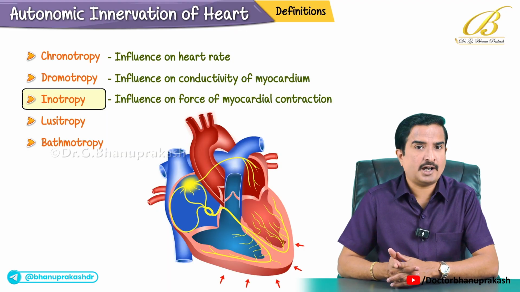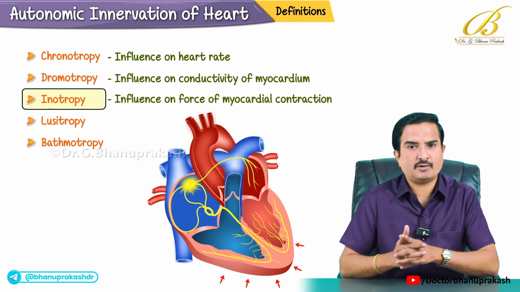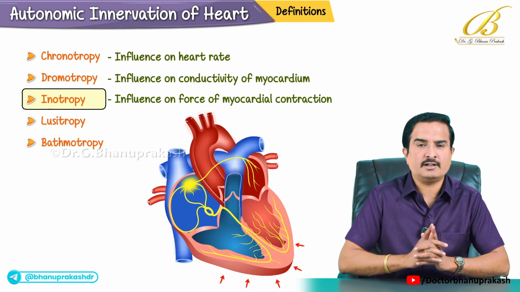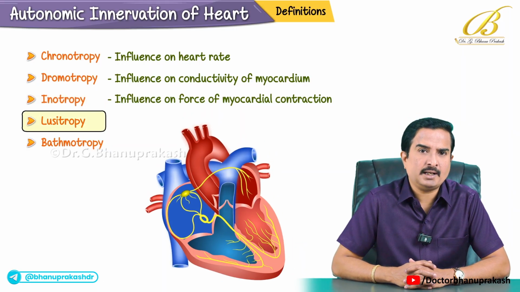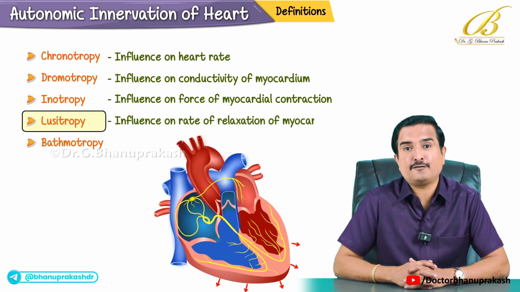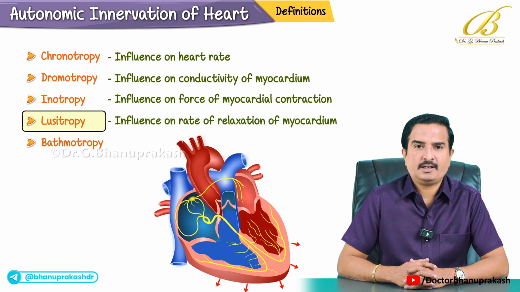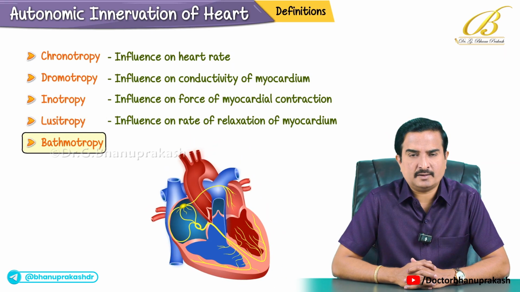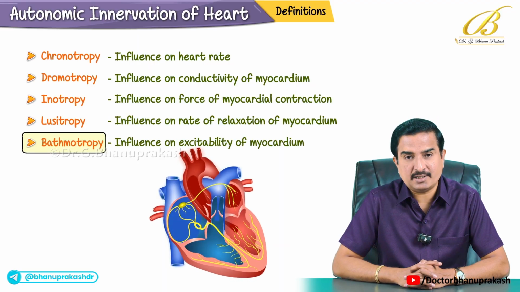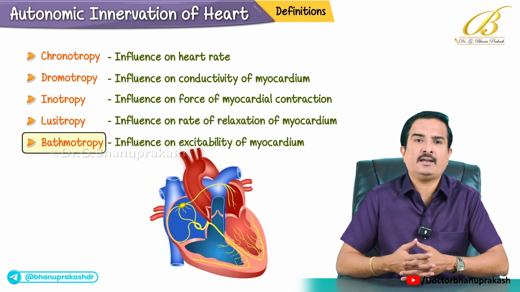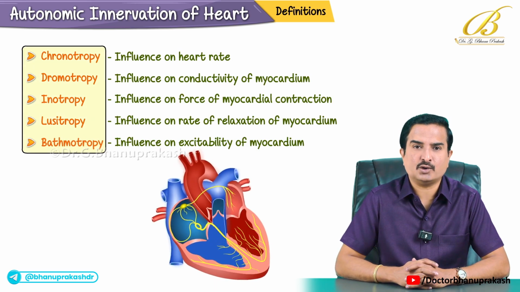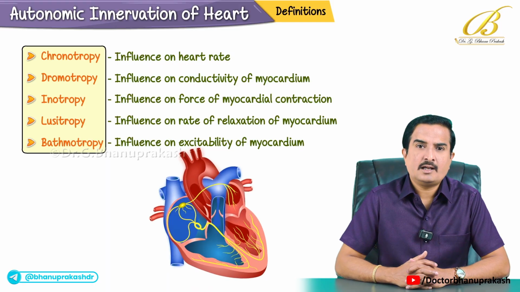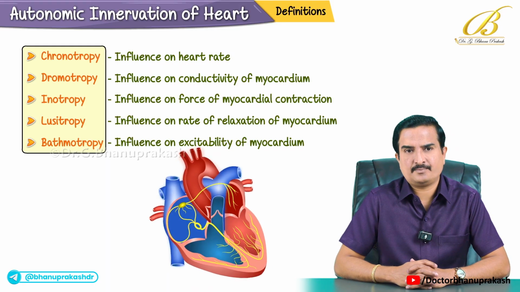Again, there will be a positive inotropy and a negative inotropy, that is, an increase or a decrease in myocardial contraction. Next is lusitropy. Lusitropy means the influence on the rate of relaxation of the myocardium. And finally, bathmotropy is the influence on the excitability of the myocardium, meaning how easily heart cells can be depolarized. So all these are the terms we need to know to understand the autonomic innervation of the heart.